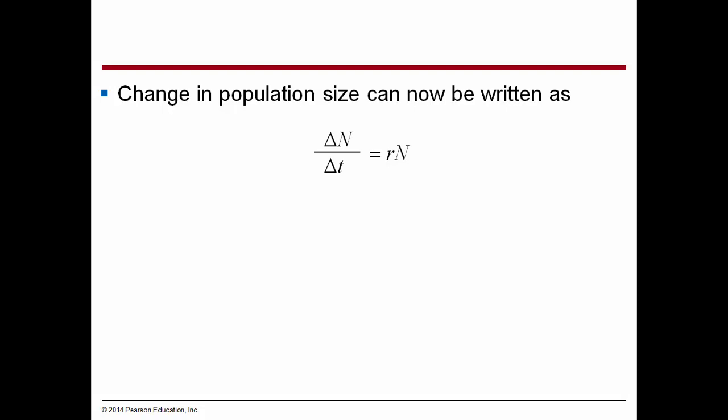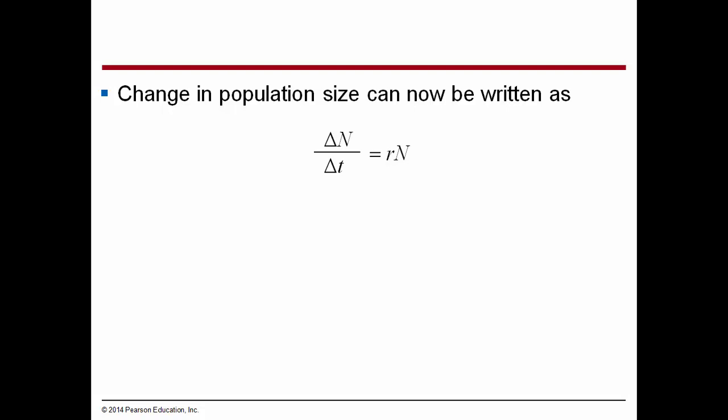The change in population size can now be written as delta N over delta T equals rN. So the value of r indicates whether a given population is growing, r is greater than 0, or declining, r is less than 0. Zero population growth occurs when the per capita birth and death rates are equal, r equals 0.